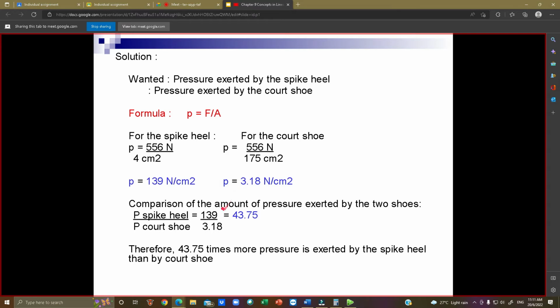Comparison dia 43 kali ganda. Okay, kena pijak dengan court shoe adalah 43 kali ganda lebih ringan rasanya berbanding kena pijak dengan heel. So for those who bring your girlfriend or whatsoever, make sure they are not using heel since it is actually part of a weapon to kill you.